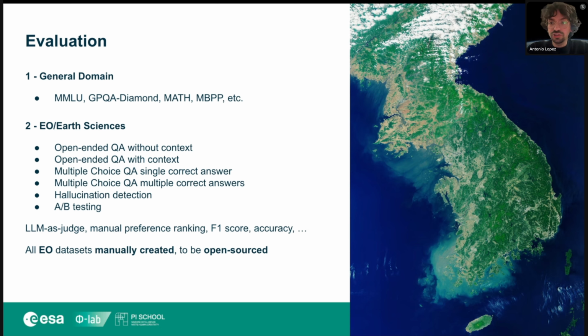We use human annotation. We have done different rounds of post-editing to check the quality of this. And so these are created from scratch. And I think this is also one of the most important and useful contributions that the project has made to the community, because in our different reviews, there are a lot of benchmarks in EO about vision, that for sure, but really few about the text and in general factual knowledge about Earth observation.